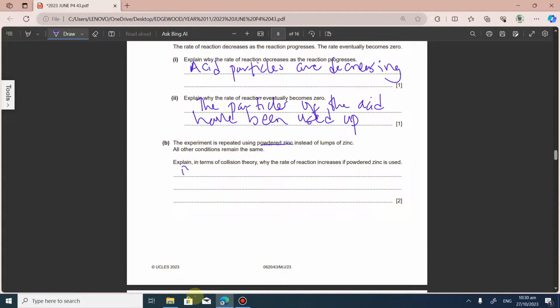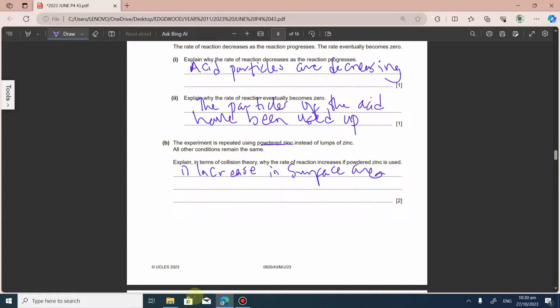Number one, there is an increase in surface area. And because there's an increase in surface area, the frequency of collision will also increase.